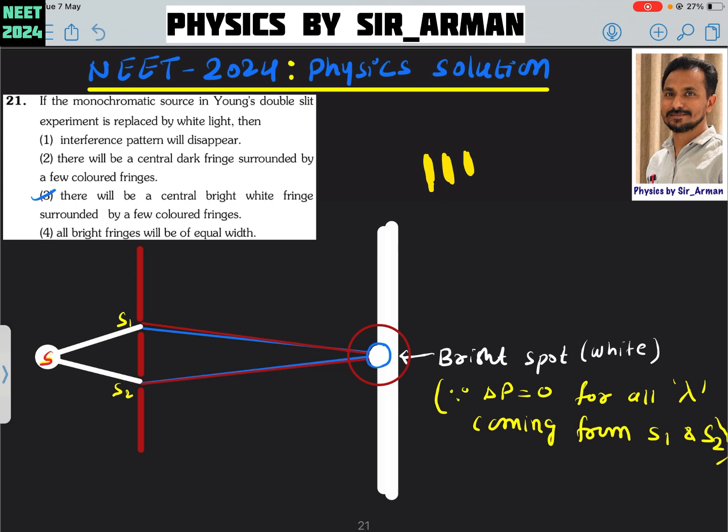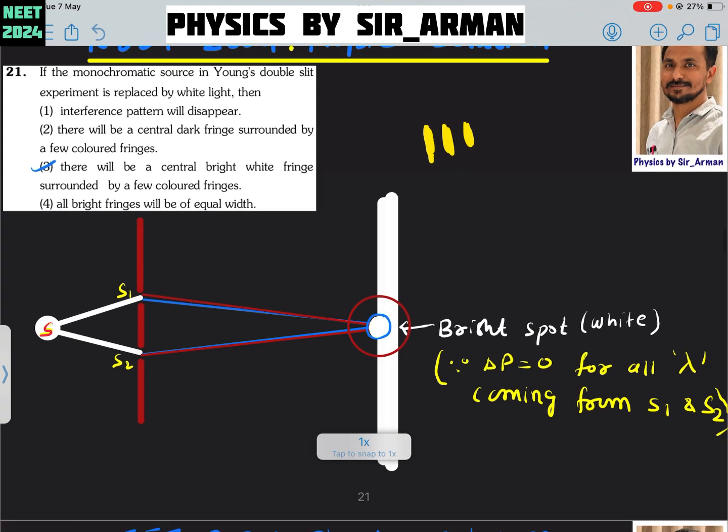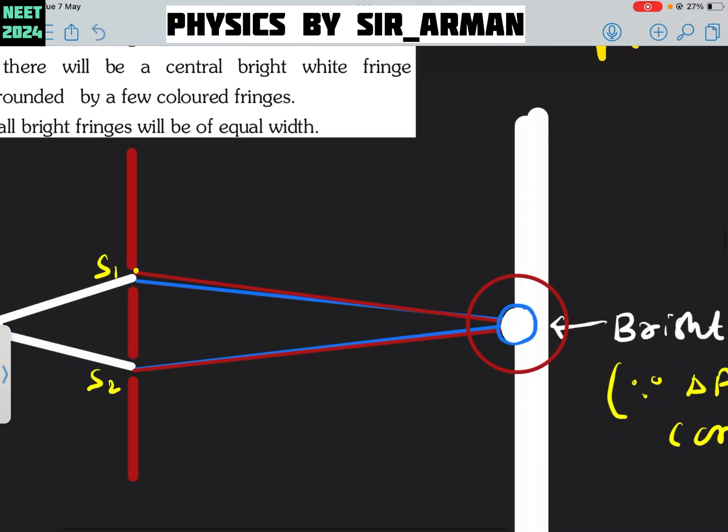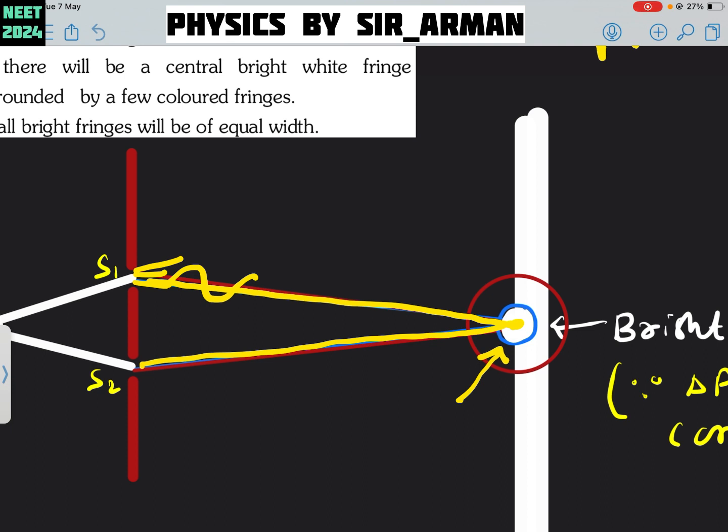But what if you have white light? Then when the light is coming out from this slit, all this light suffers different diffraction, or they bend at different angles, they diverge at different angles, but all the light reaching the central point will have the same path difference, because they travel the same distance.